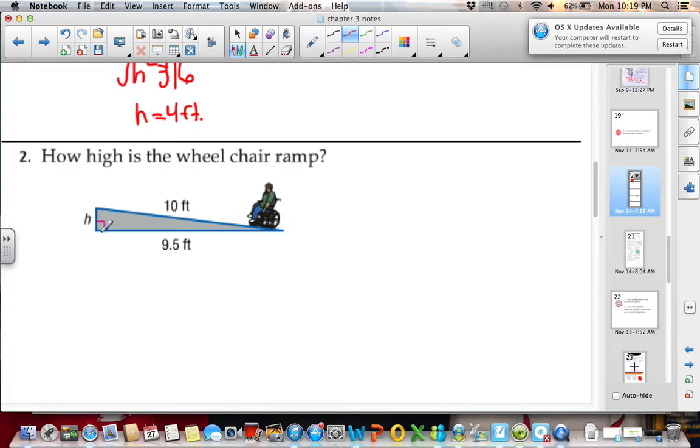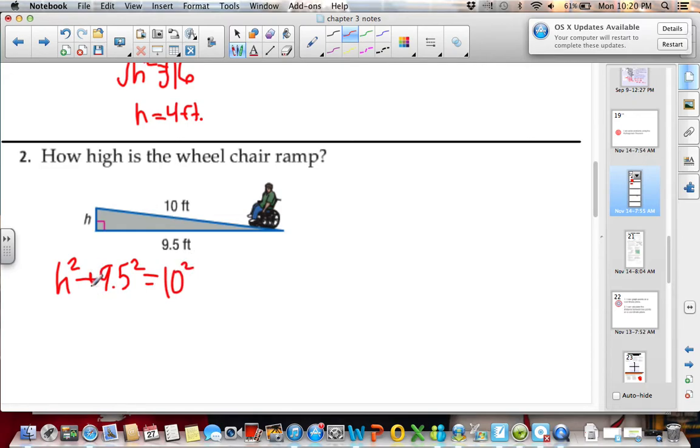So the first thing that I want to do when I'm looking at a problem or a picture is figure out which are my legs and which is my hypotenuse and set up my equation correctly. So I have h squared plus 9.5 squared equals 10 squared.